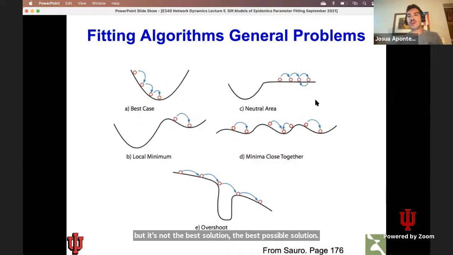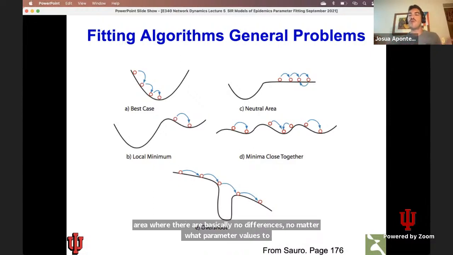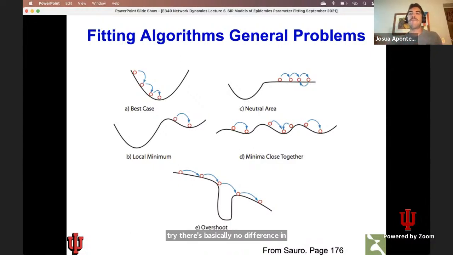Another one, and I talked about this one, is that if you're too far away from the global minimum, you might be stuck in a neutral area where there are basically no differences. No matter what parameter values you try, the optimizer is unable to minimize the distance between the model and the data.